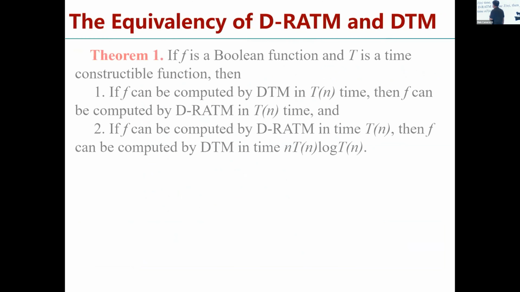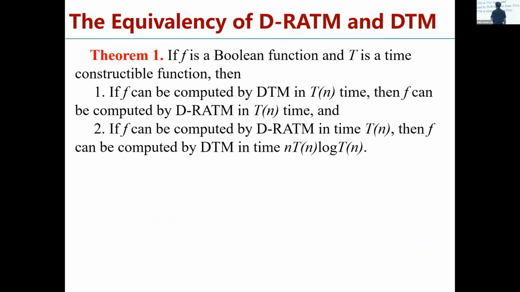So we have proved that the DRATM and the DTM are equivalent. If F is a Boolean function and T is a time constructible function, then if F can be computed by a DTM in T(n) time, then F can be computed by a DRATM in T(n) time.